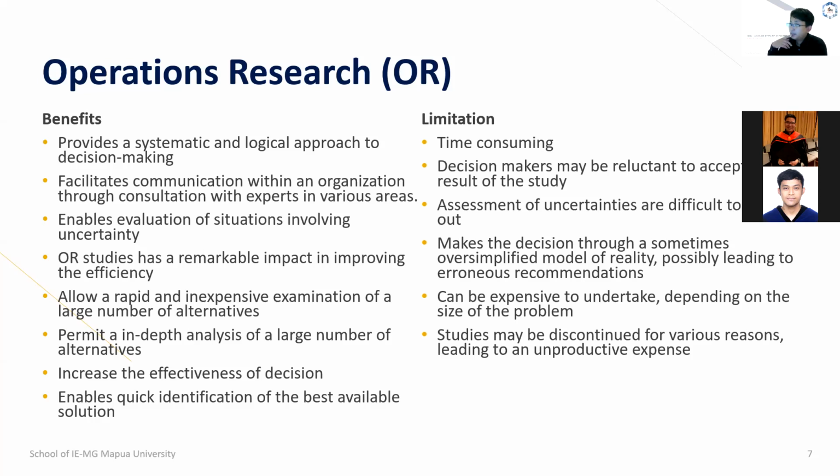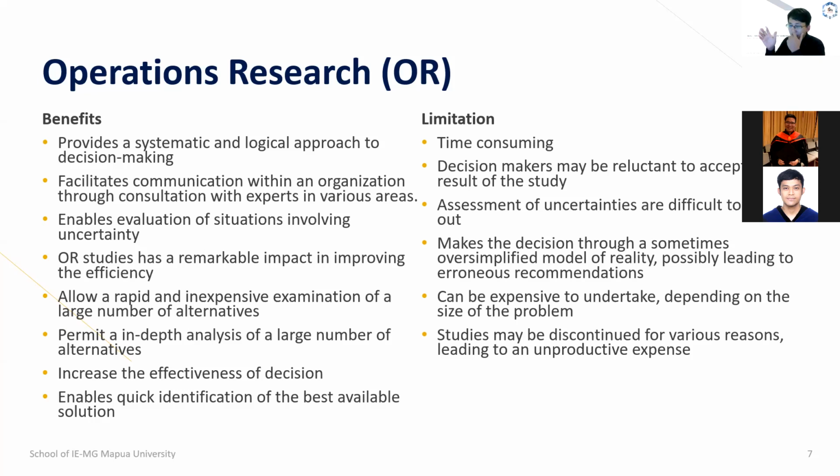You can sell these techniques by first, of course, knowing the benefit of using OR. First, in using this technique, you need to be able to nicely, systematically, and logically define how you make the decisions.